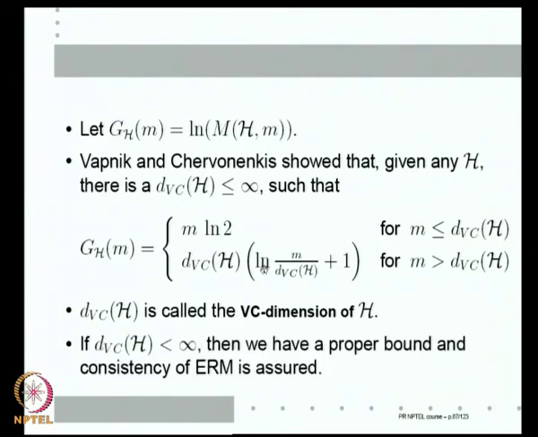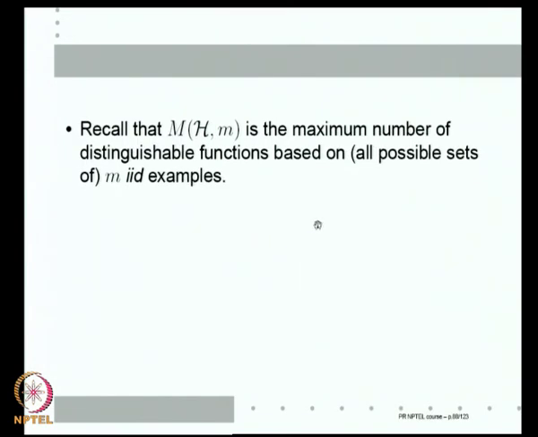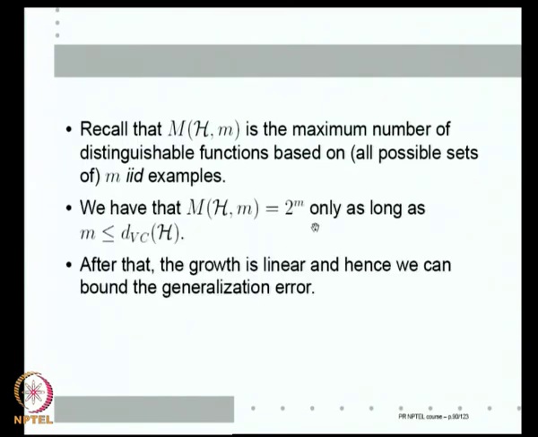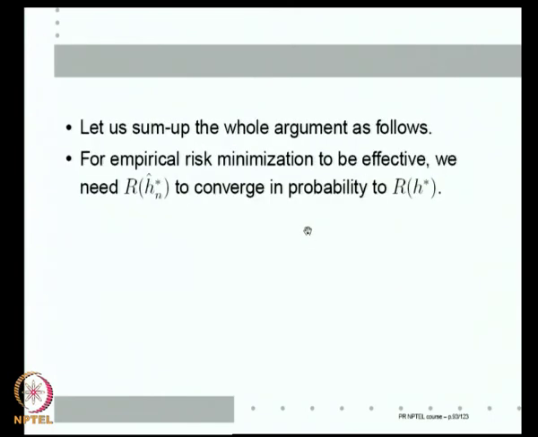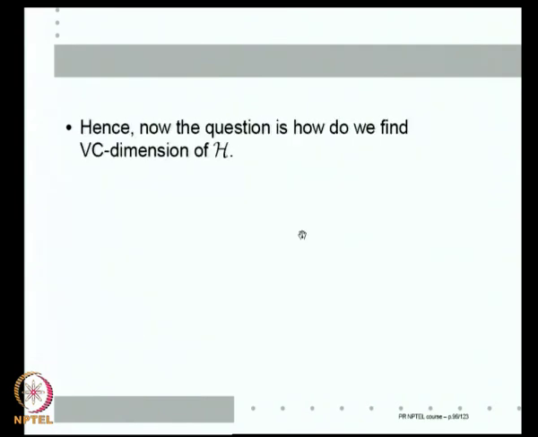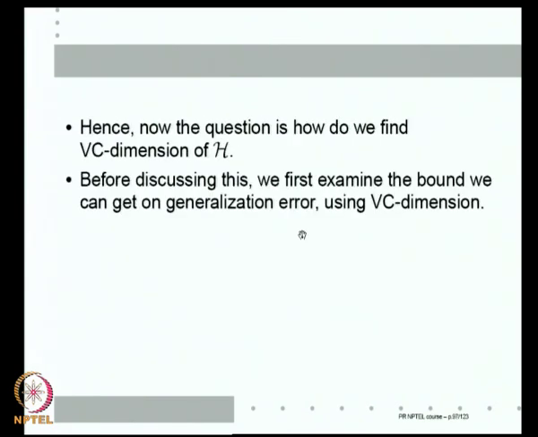we can get some interesting ideas about the generalization error. What we will first do, and this also we will do next class, is examine this bound so that we understand what VC dimension is giving us.